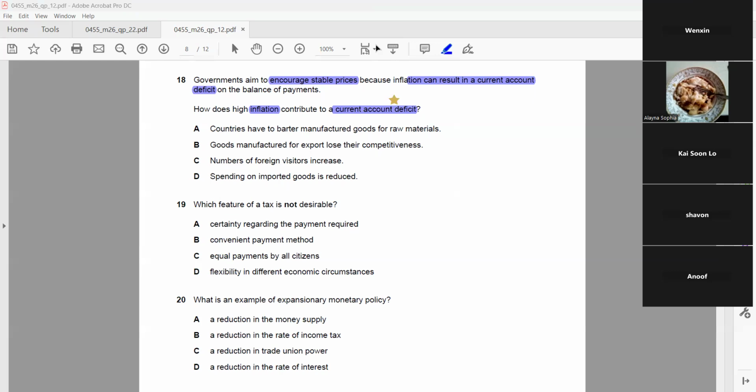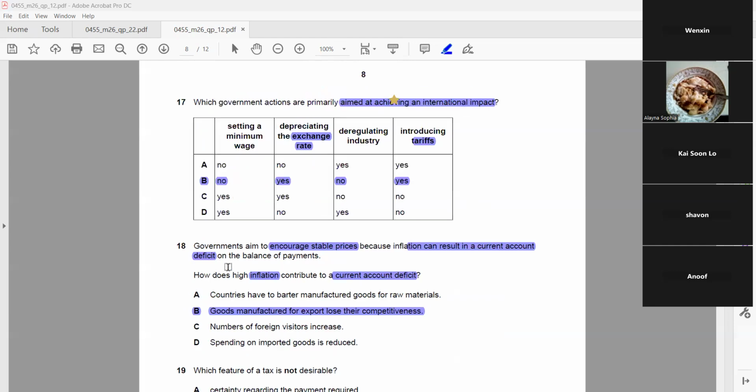Because price is too high, yeah, very good. That will make the local prices no longer competitive and people will buy imports. Goods manufactured for export will lose competitiveness. So fewer people buy the country's products while local people will buy more imports, and that will result in current account deficit. 17 B, 18 B.